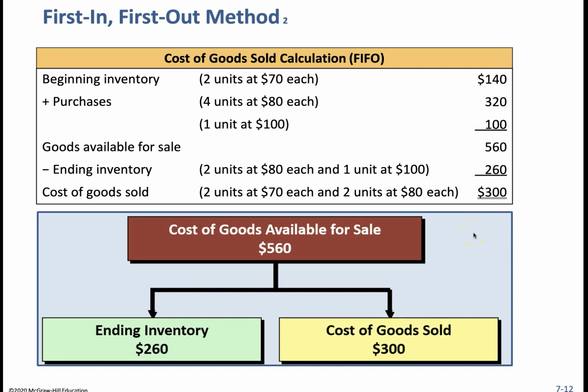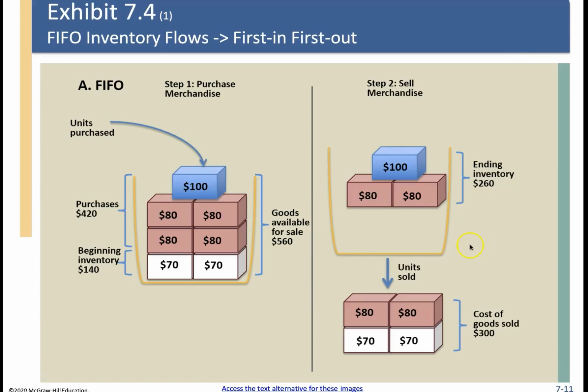Now pay attention, okay? Regardless of which one you're calculating first, you can calculate cost of goods sold first, subtracting from available for sale, you get the ending inventory, or the other way around. You can calculate ending inventory first and reach the cost of goods sold. Either way, you should get the same number unless, when you calculate, some of the numbers are subject to rounding.